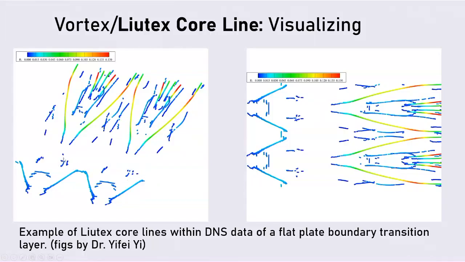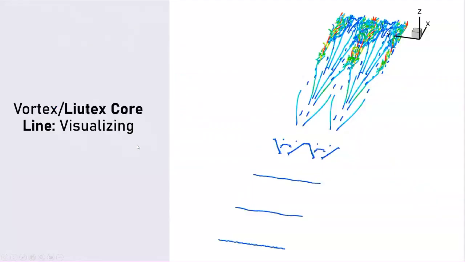You can see how they're making it a little messy, so you can remove these and keep only the long ones. In this picture, those short ones have been removed, and we can see just the longer, more defined core lines.